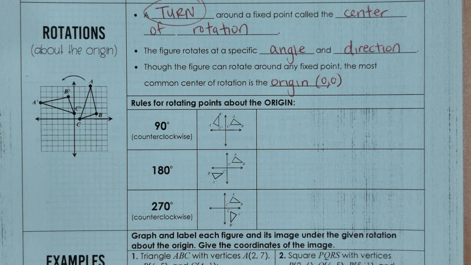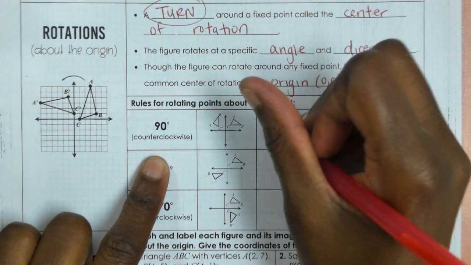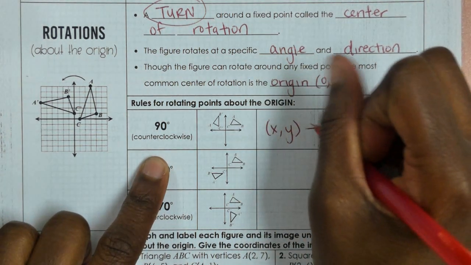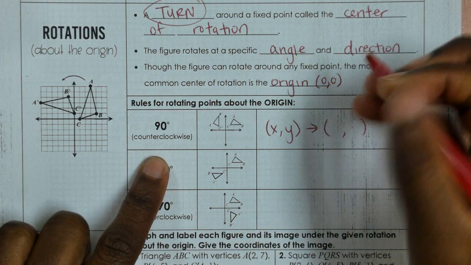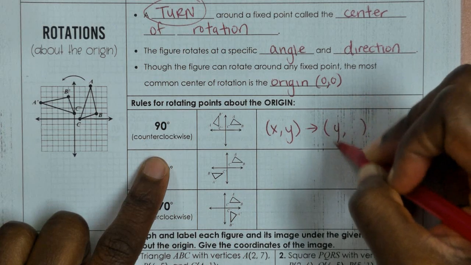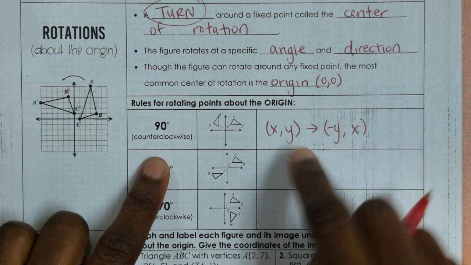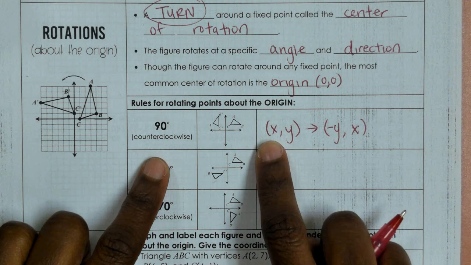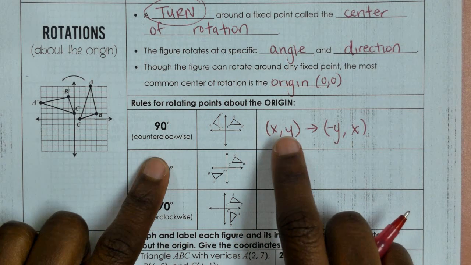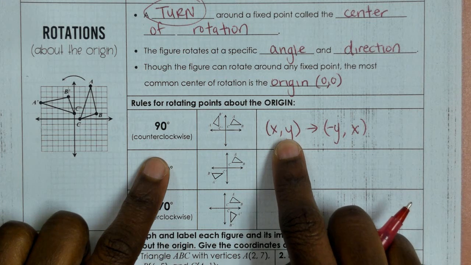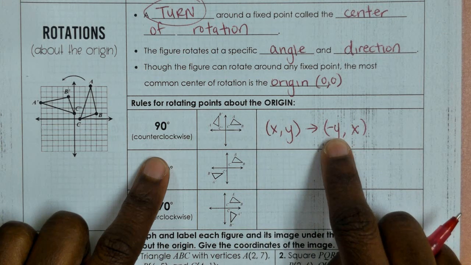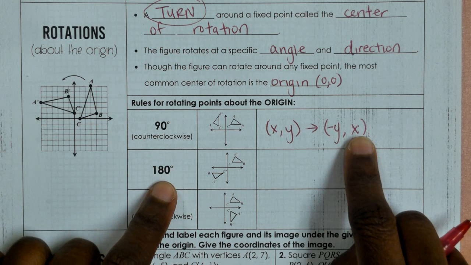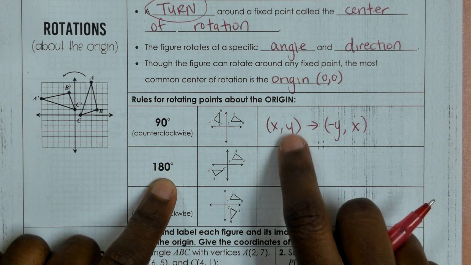If you're rotating 90 degrees clockwise, your original point x, y will change order, so the y term will come first, and the y coordinate will change signs. So if you have, let's say, 1, 4, then the 4 would be the new point, but it would be negative now, so negative 4 and 1. You switch these places and you change the sign of whatever this was.